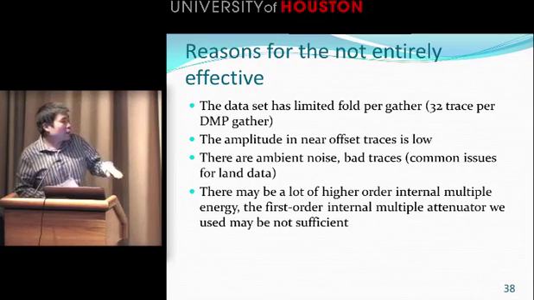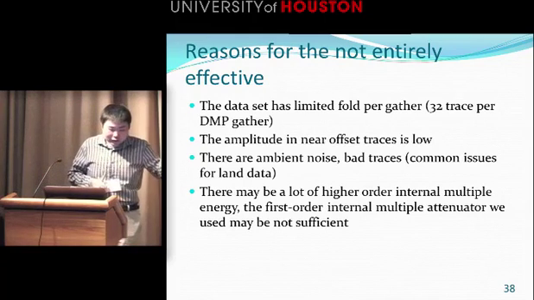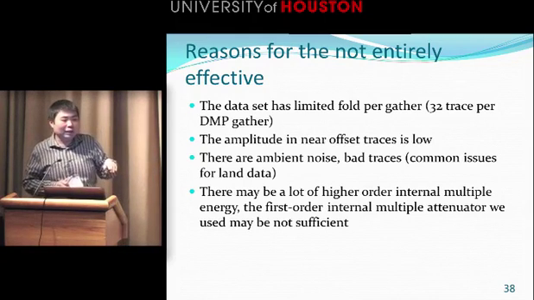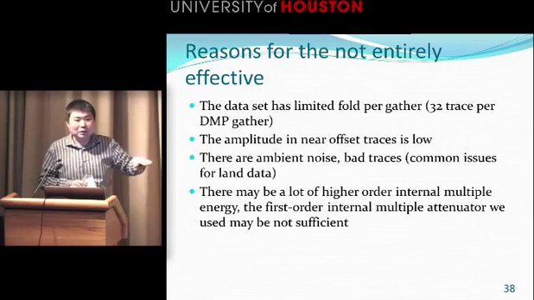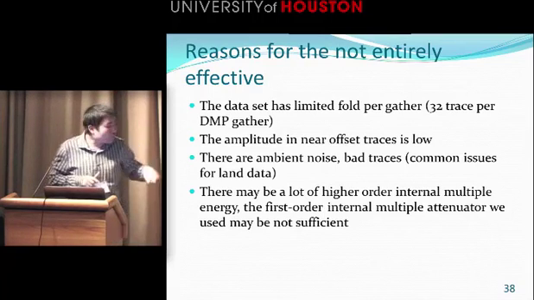Okay. Another thing is that we have a very strong reflector at 1 second. It's kind of similar to the free surface situation. Because we have one strong reflector, we will have higher order internal multiples, not only first order.